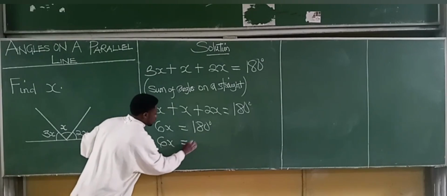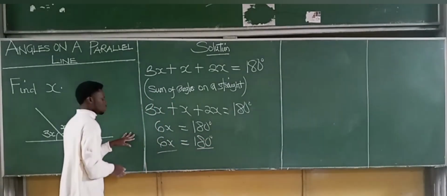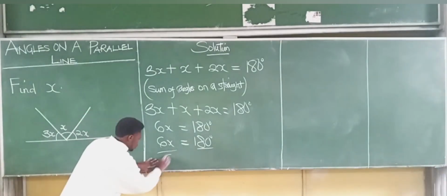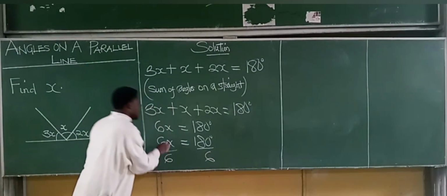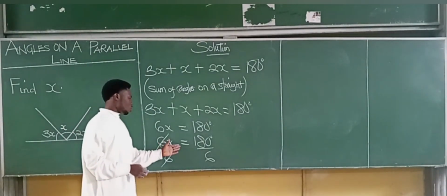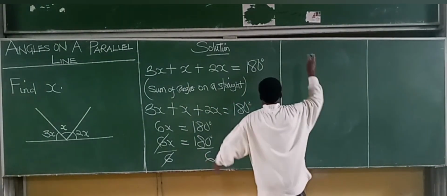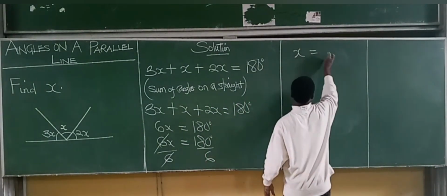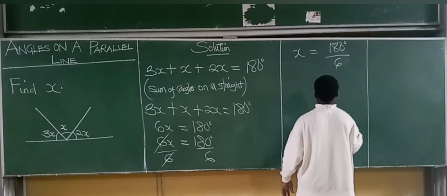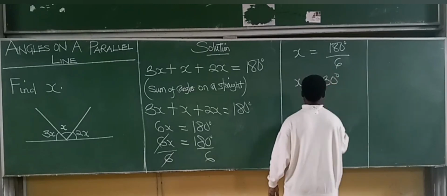6x equals 180 degrees. Divide both sides by the coefficient of x, which is 6. Dividing both sides by 6 cancels the 6, and we are left with x equals 180 degrees divided by 6, where x equals 30 degrees.